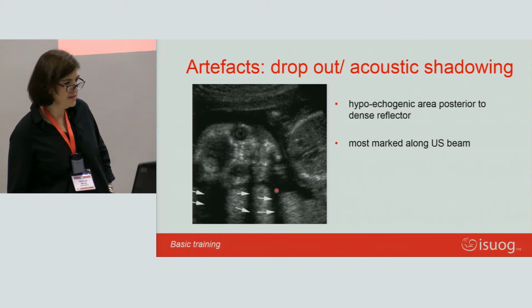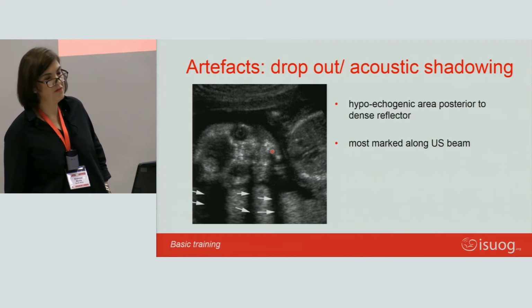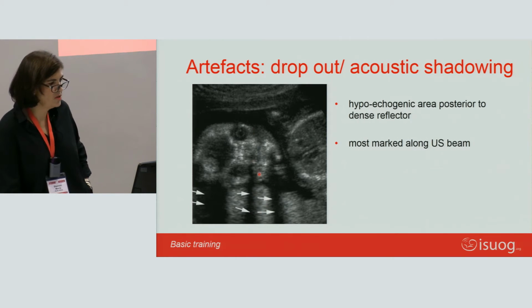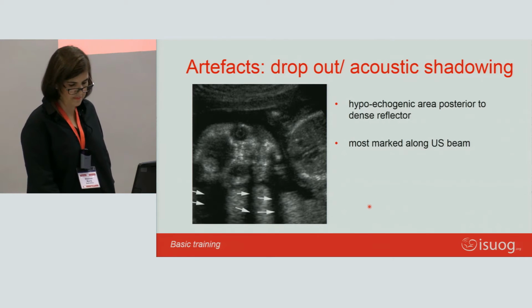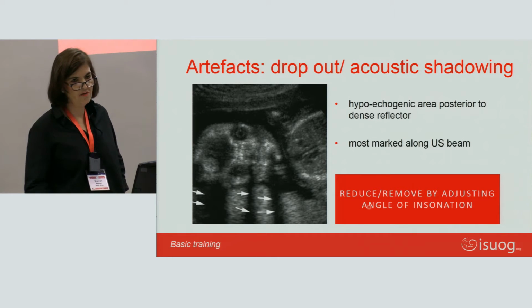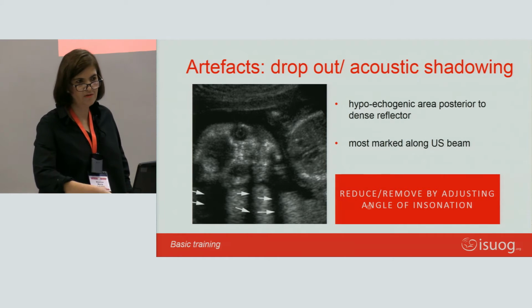So here you can see the fetal face. Bone is very dense. All the ultrasound energy has been used, and there's less to go through to the back, and it gives you these lines that go across the baby's face. It's most marked along the ultrasound beam. So how can you overcome this? Well, you need to change the angle of insonation. You need to come from a different angle.